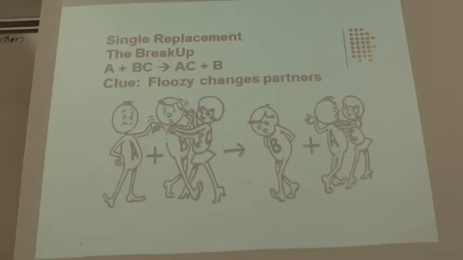And here we go. A single replacement reaction. All right. This is Going Home Alone. All right, I would like you to name me a hot male celebrity. Ryan Gosling.